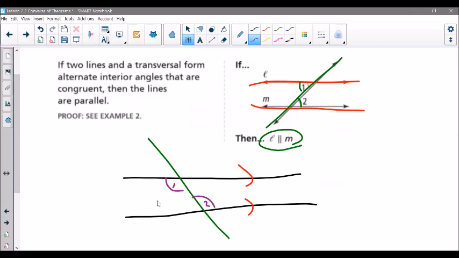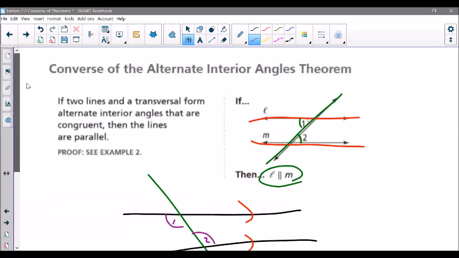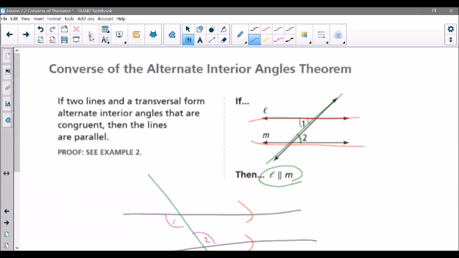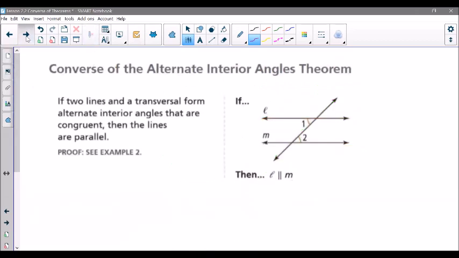Now we're saying the exact opposite. If we start out with angle 1 and angle 2 being congruent, then those two lines are parallel. So that is the converse of the alternate interior angle theorem.